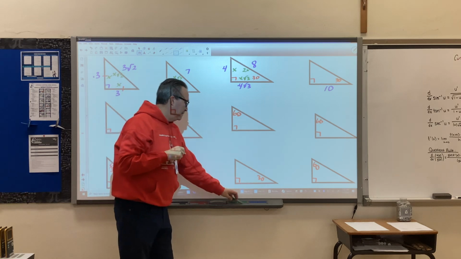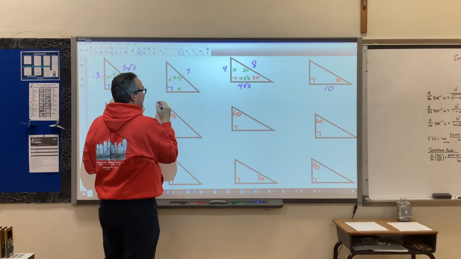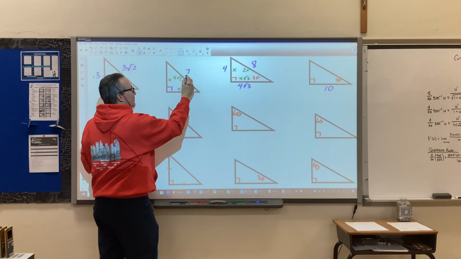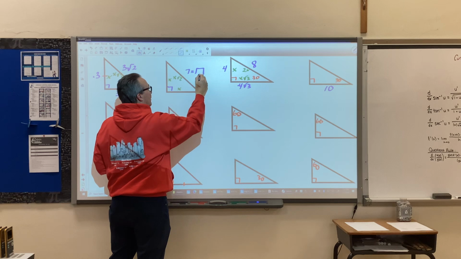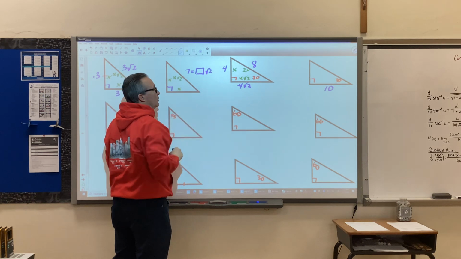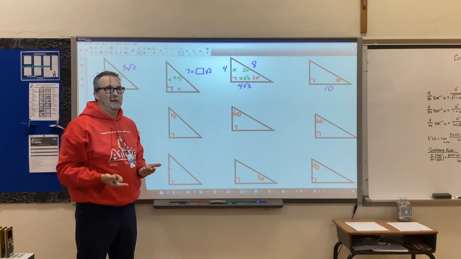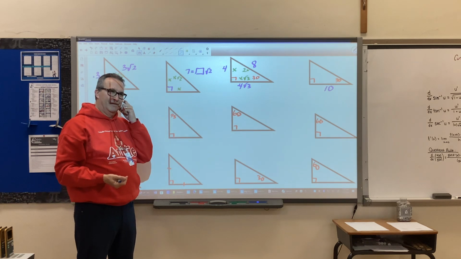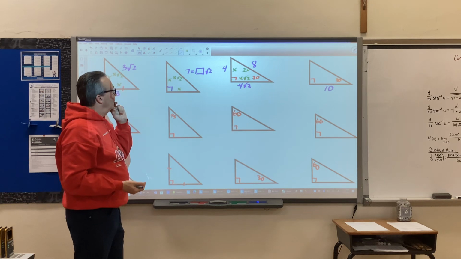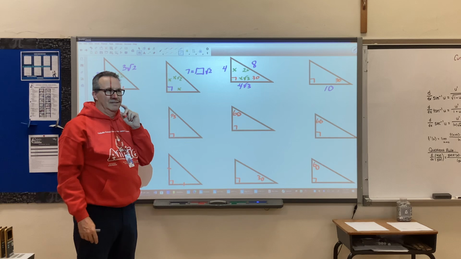So if you've got this side, if 7 equals some number times the square root of 2, what number times the square root of 2 is 7? 7 over square root of 2.